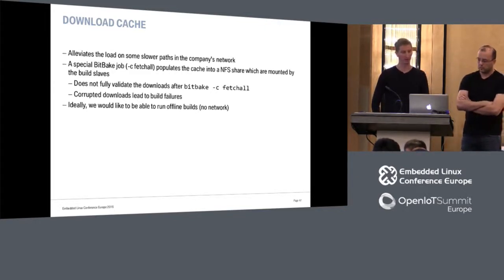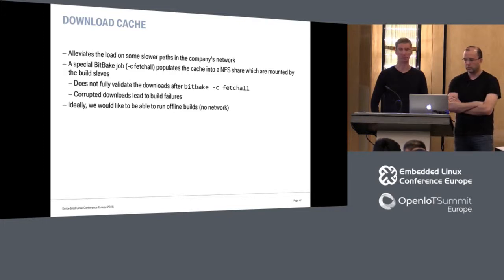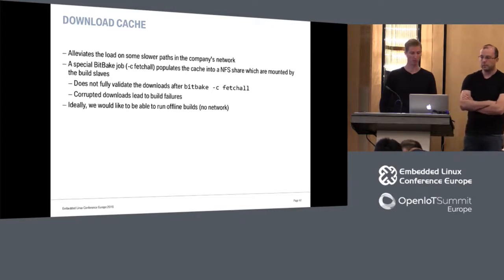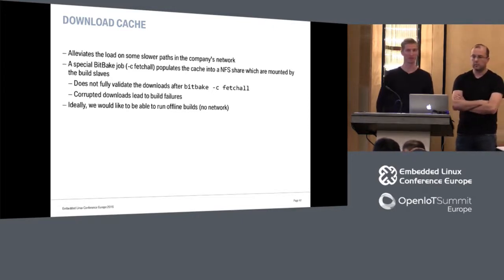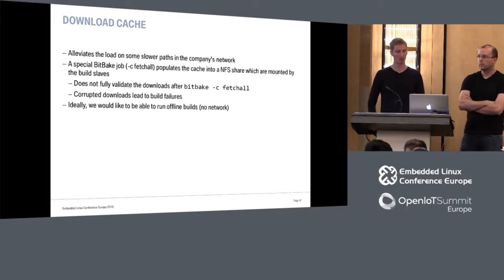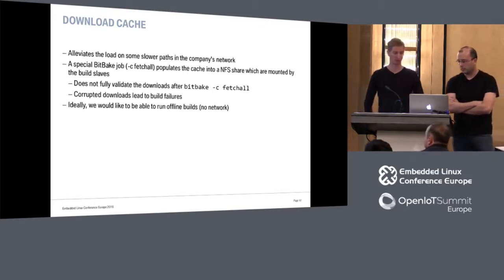So sometimes we have had corrupted downloads that have led to build failures in the build farm, and that's really tricky to debug. Ideally, of course, we would like to run all builds in an offline mode with no network access in BitBake and so on, but unfortunately this hasn't been the case in our environment, at least not yet.